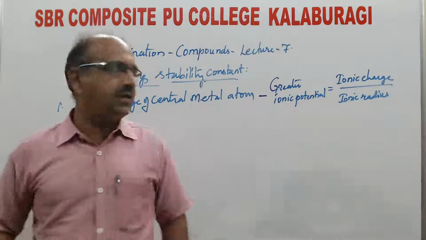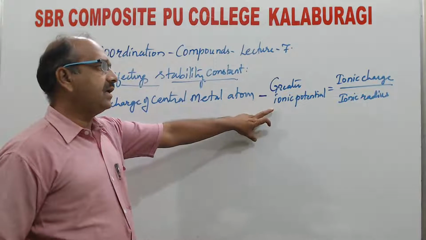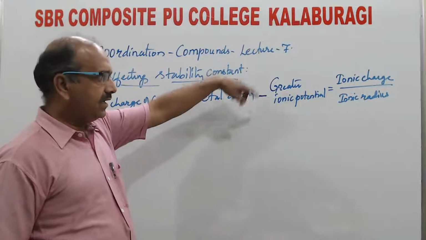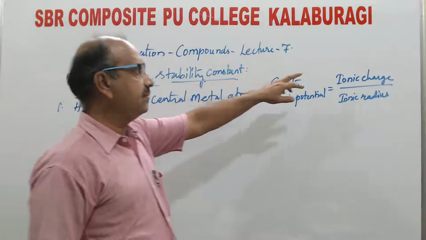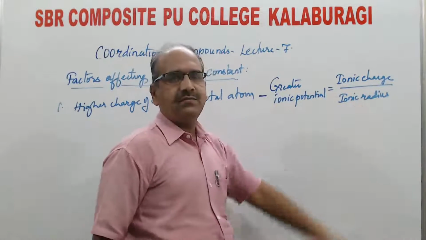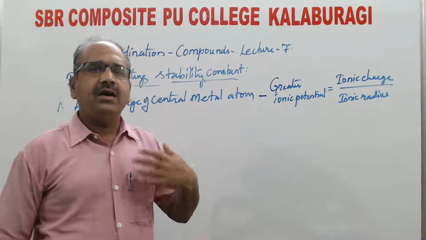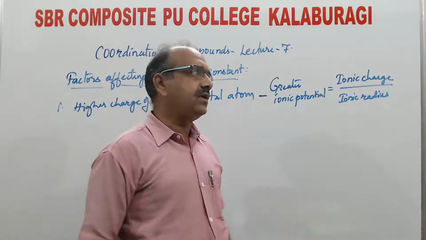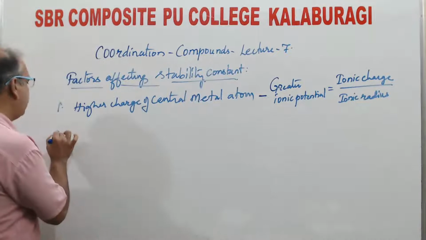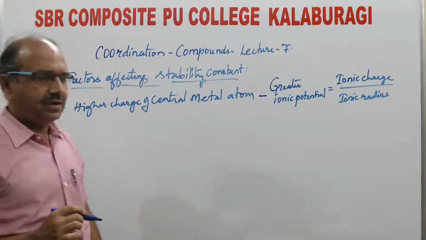Greater ionic potential is nothing but the ionic charge by ionic radius. If it is on the higher side, the stability is more because it shall be bonded to more number of ligands.